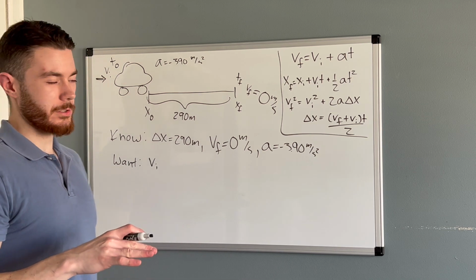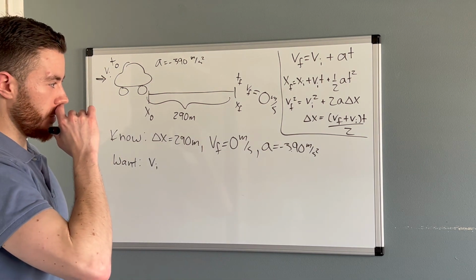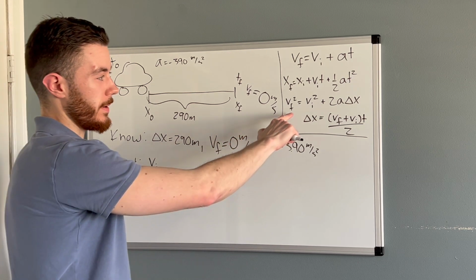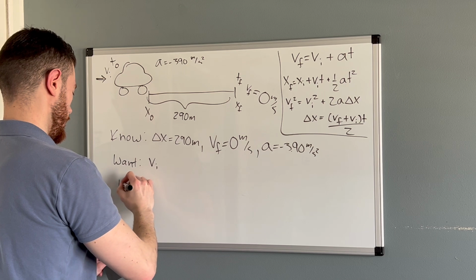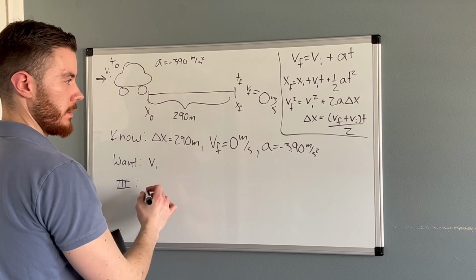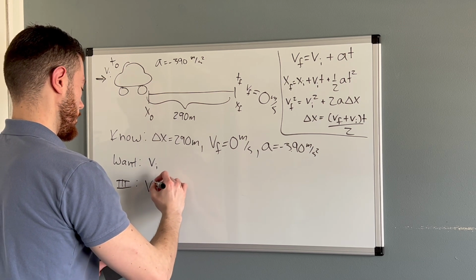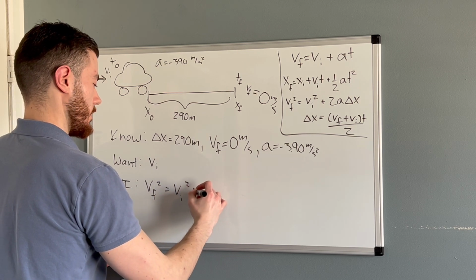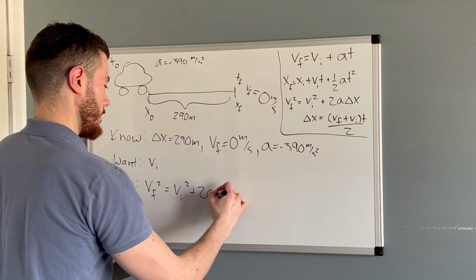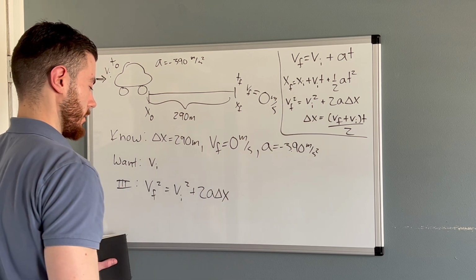There's nothing like that mentioned in the problem. We can use the time independent kinematic equation. So let's use number 3, which says the final velocity squared is equal to the initial velocity squared plus 2 times the acceleration times the total displacement.